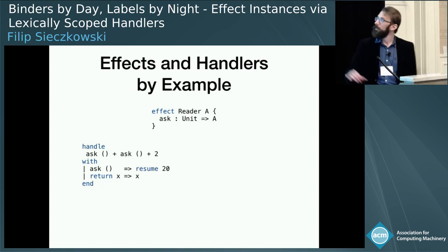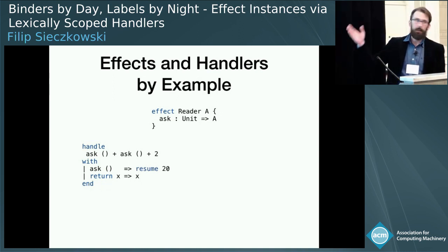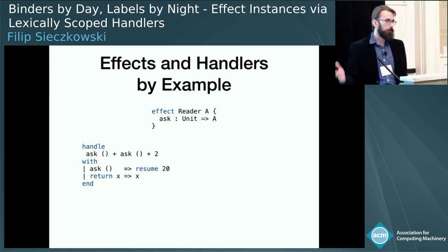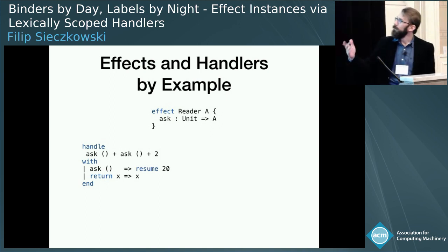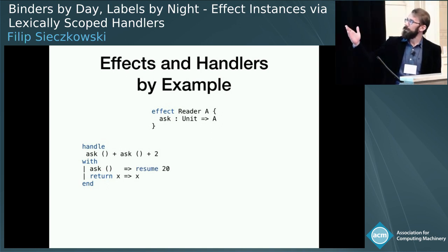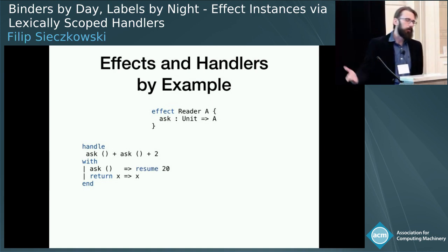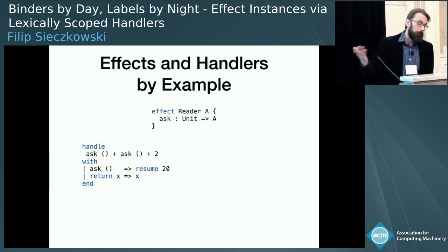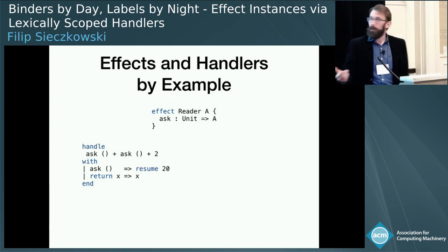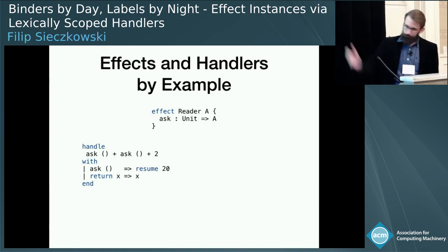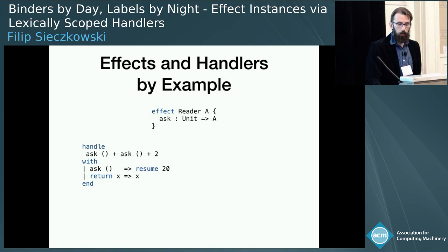So we start with a simple effect, reader, which behaves intuitively like a reader monad in Haskell, in that it has one operation, ask, which means that you can ask the environment to provide you a value of type A. And how do we use it? Well, we have a code here that uses ask twice.